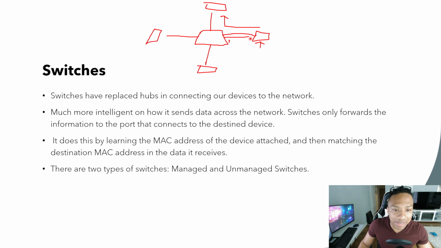Since it's getting the data from port number 1, the switch will then remember, okay, this computer's MAC address, 1111, something like that. Whatever the MAC address is, it'll save it, and then it'll say it has this IP address, 10.1.1.1, and it's connected to port number 1.